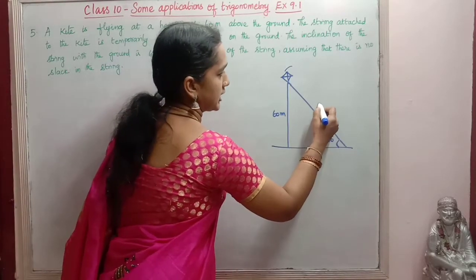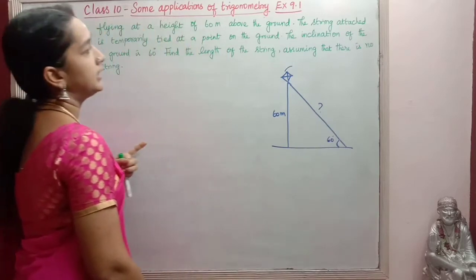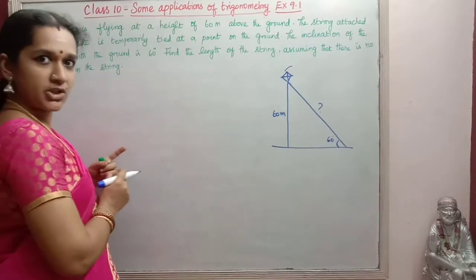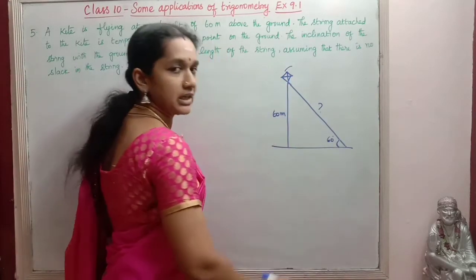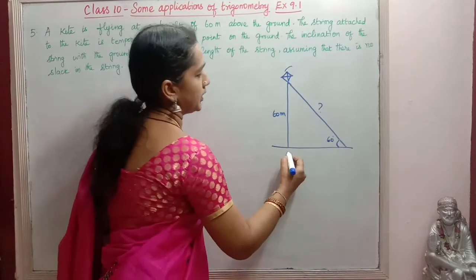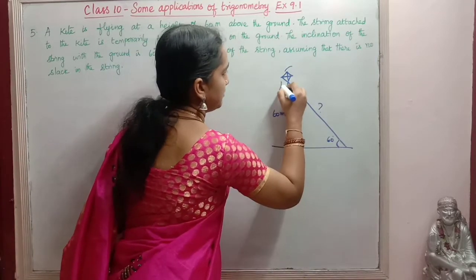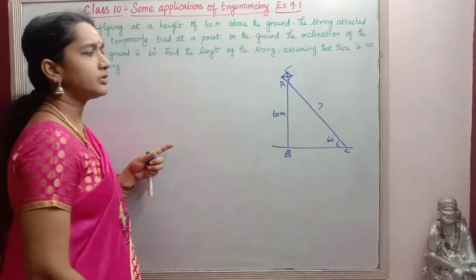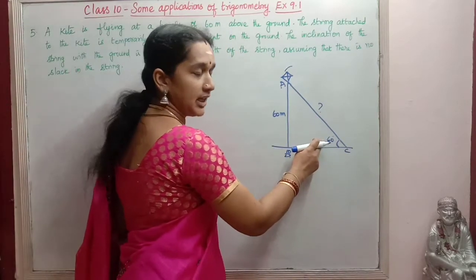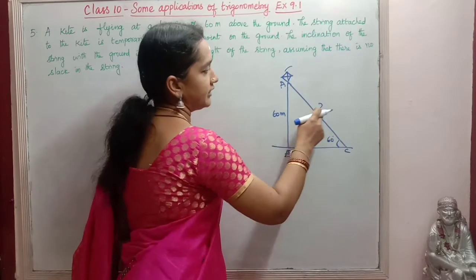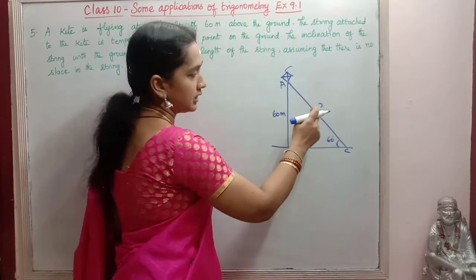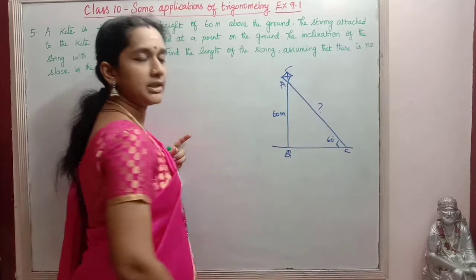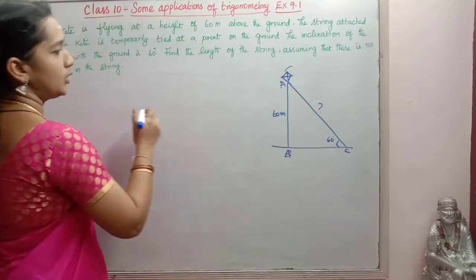Okay, so we are asked to find the length of the string. We will take this as A, B and C. The angle is given here. So this is the opposite side and this one is the hypotenuse.